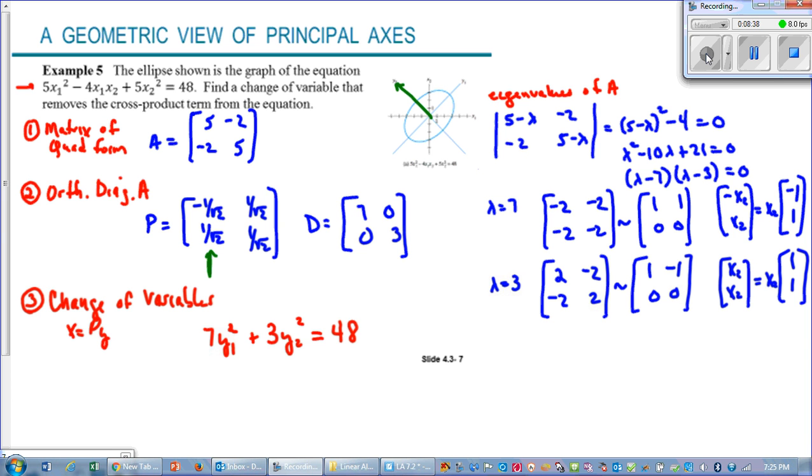Now, I put them in a different order; you could have put either vector in either column. I've got them backwards from what they're calling y1 and y2. So this is the one I'm calling y1 based on my equation. The vector here corresponds to the line y equals x, so that would be the axis corresponding to the second column of the P matrix.